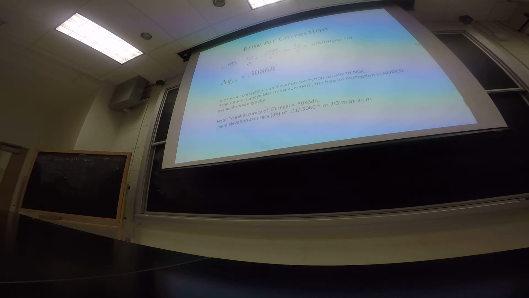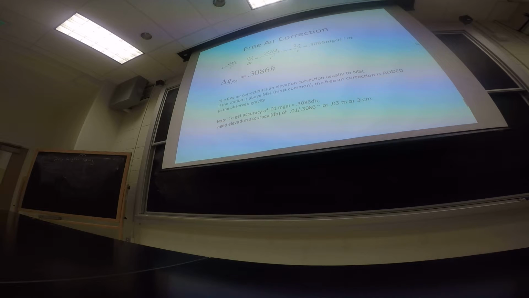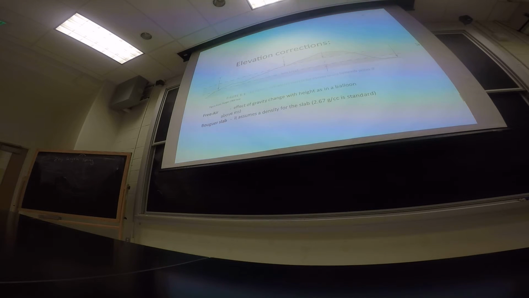All right, so when we have a measurement along, let me go back here. Sorry, this is a little bit disorganized. Let's say that we're making gravity measurements along a surface that is not flat. What we would like to do is correct those to this ellipsoid, right?